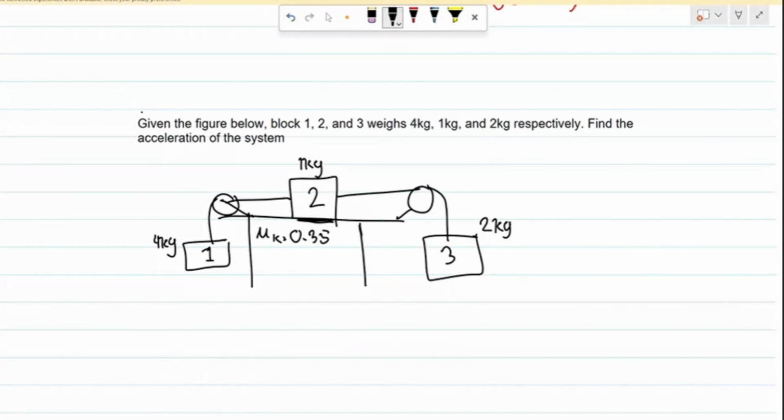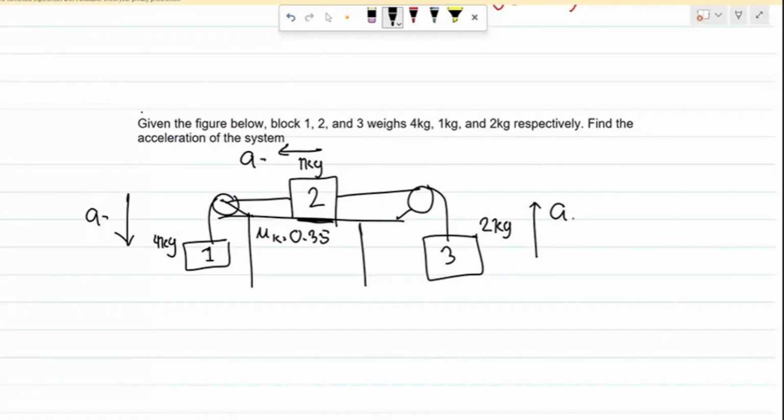Here, guys, what is the possible direction of our system? Who will provide the motion, block 1, block 2, or block 3? Of course, block 1 is the heaviest. So block 1 has negative acceleration, block 2 also negative acceleration, and block 3 positive acceleration.